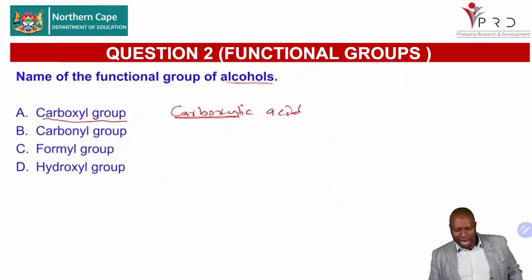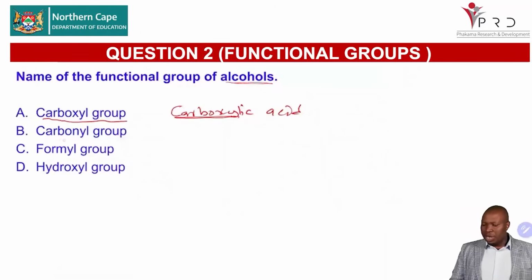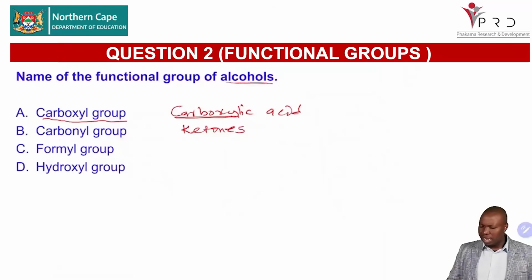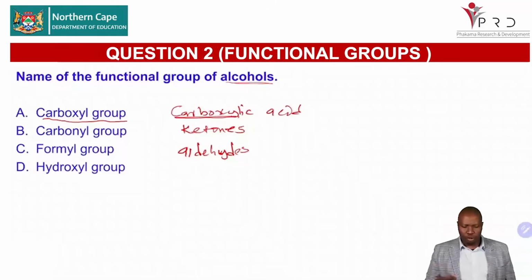For carbonyl, you have carbonyl, which we have in ketones. And then the formyl group, you are getting that in aldehydes. Please know all the names of these functional groups. For aldehydes, we call them the formyl group.